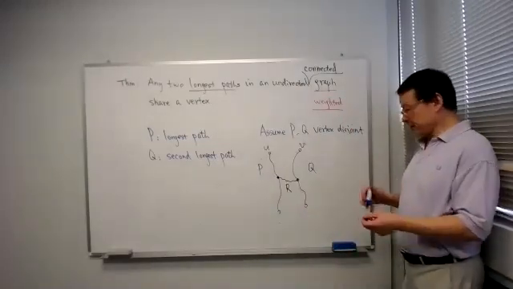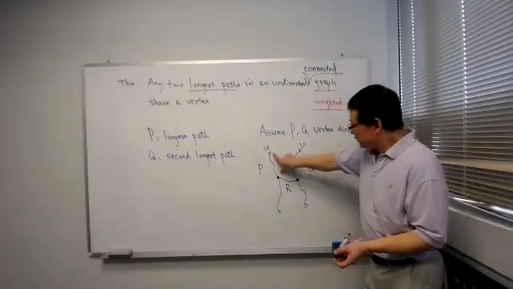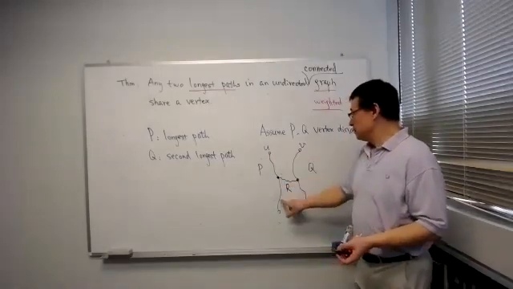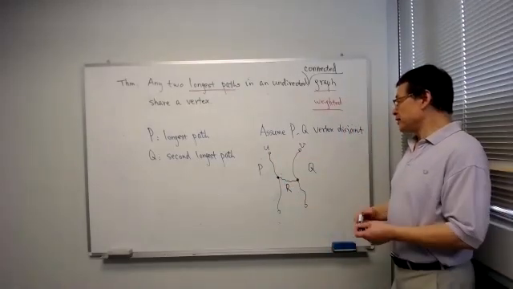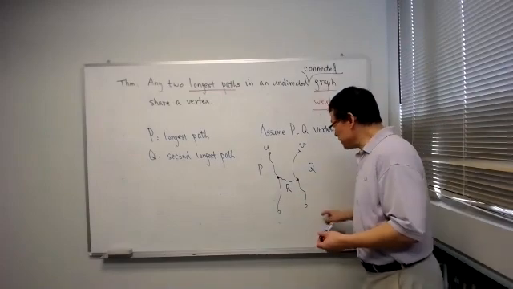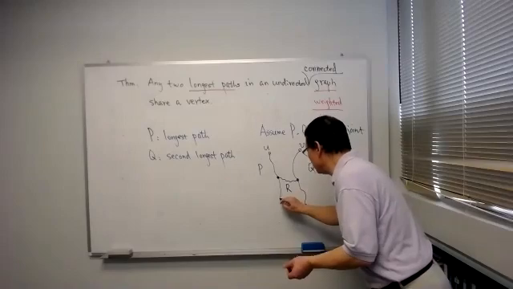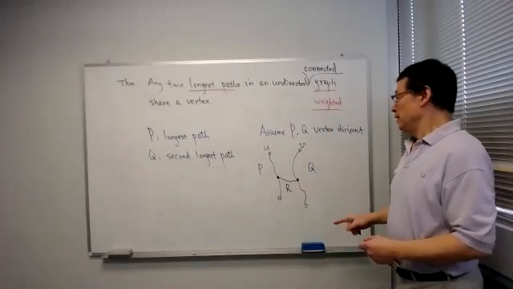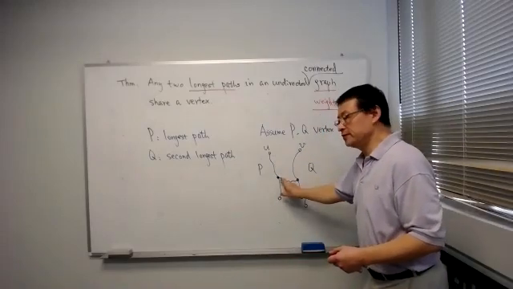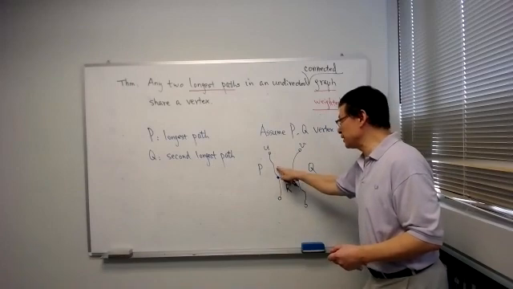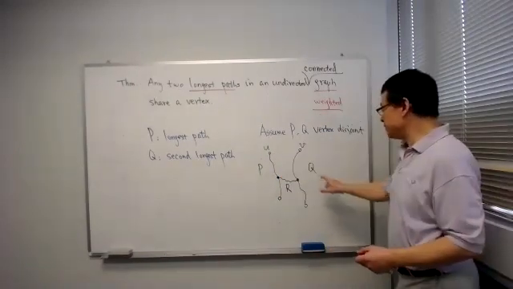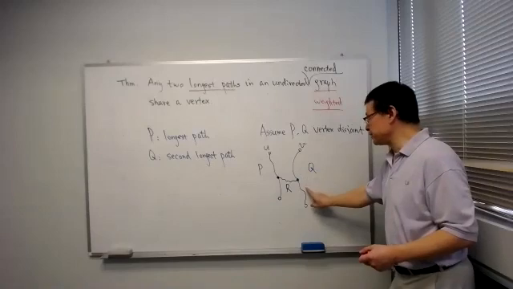Q is the second longest. So for these two paths, without loss of generality, maybe I make this one a little bit shorter. So we can assume this part is no shorter than this one, so this one is the longer part. Similarly for this part, this one is no shorter than this one.